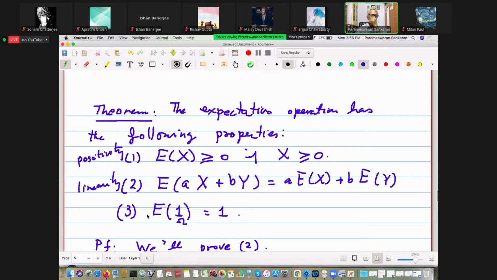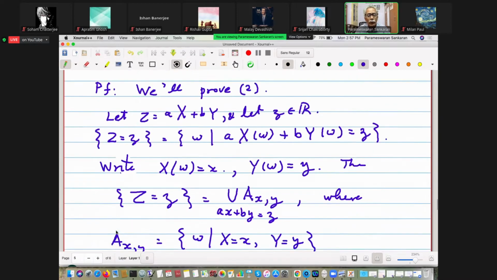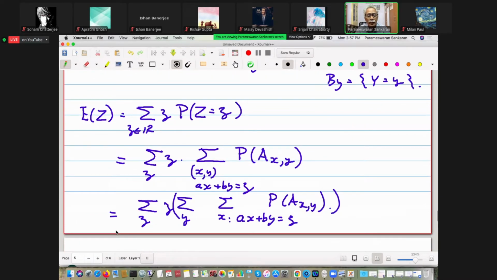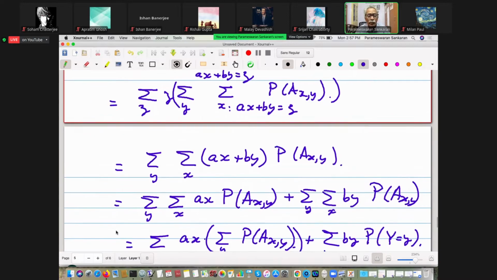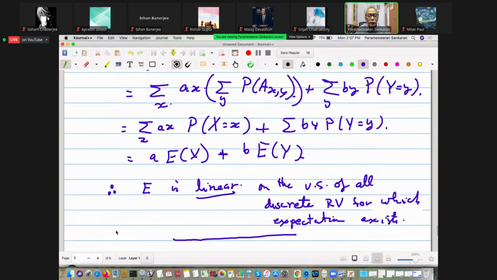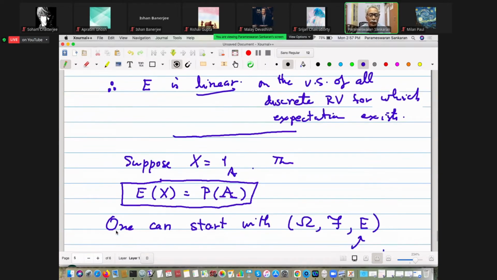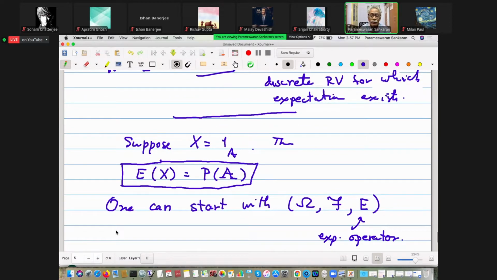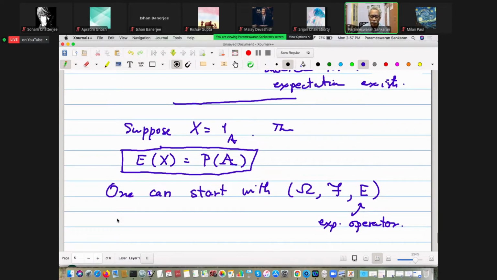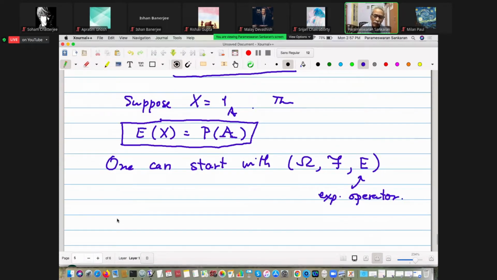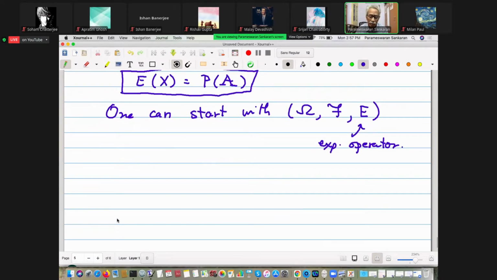Anyway, once you have an operator E on an appropriate space of random variables, which includes all those random variables which arise as indicator functions of events, then you can get back your probability function. So this is an important viewpoint. At the moment, it makes no difference. It is just a remark, but later on, perhaps we will use this.